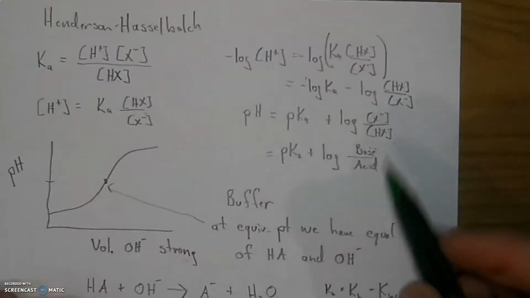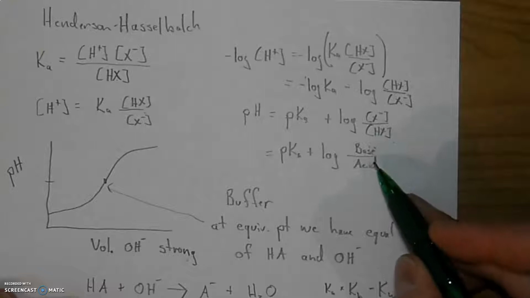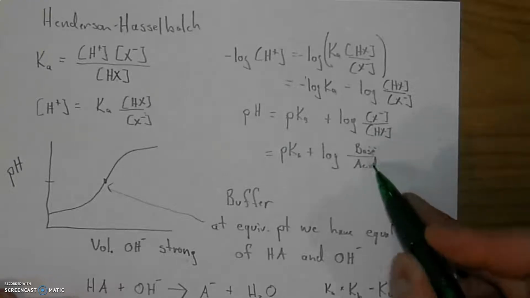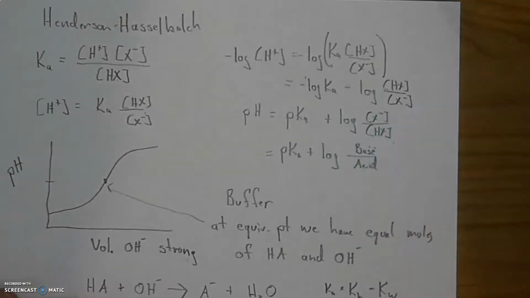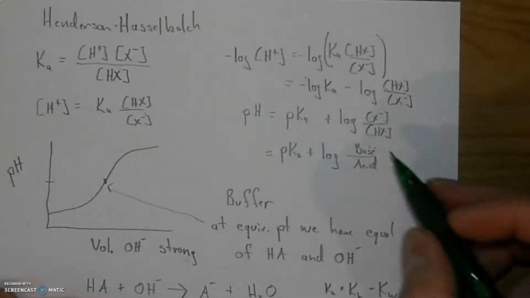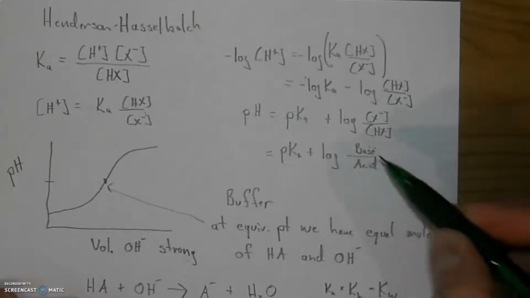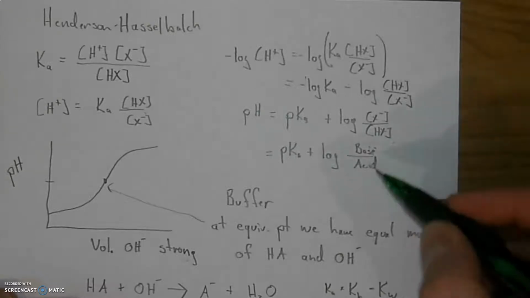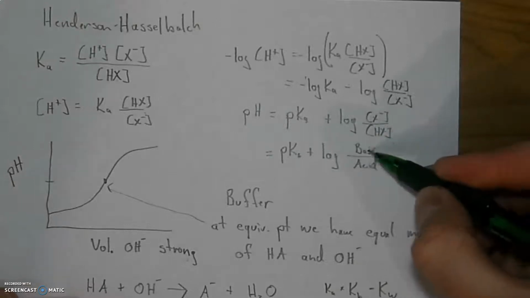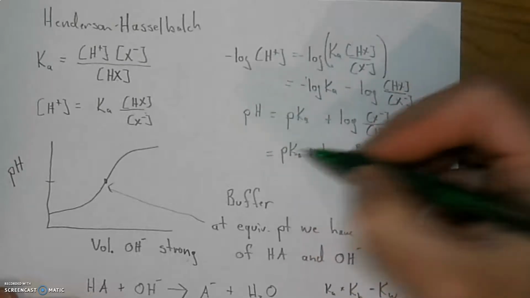If I'm looking at this equation here, something very interesting is if I have equal portions of the base and the acid, the ratio is 1, and the log of 1 is 0. So at what I would call a perfect buffer, in other words, it's equally positioned to resist changes in pH because of the base and equally resistant to changes in pH because of the acid, 50-50, equal parts of these two, at that point the pH is equal to the pKa.